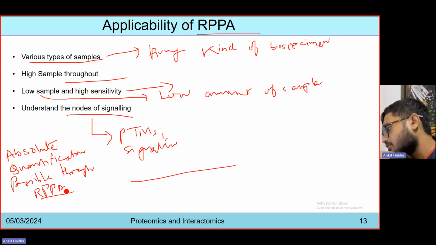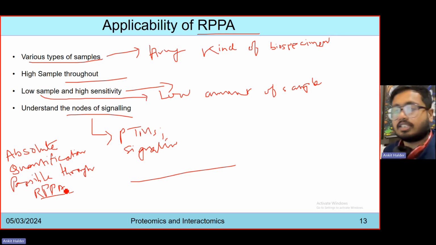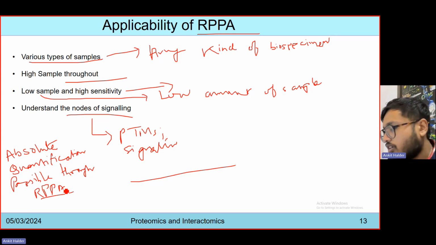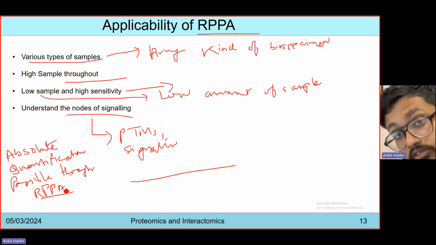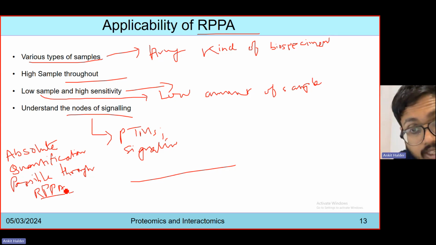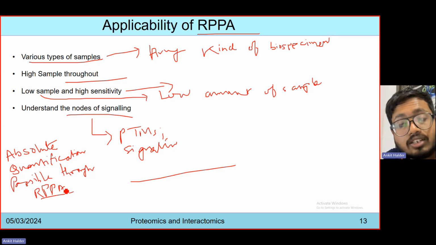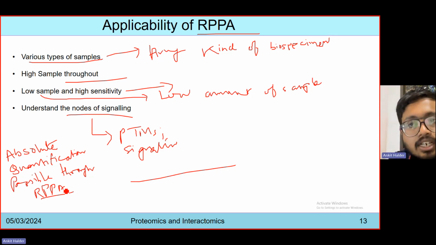For the data analysis, RPPA analyzer is one of the most robust data analysis techniques that have been developed for analyzing this kind of data. Second, data normalization has to be done because of the huge variability in the data set during data generation. Those things are pretty much required because they will give you an idea of how to take it forward.